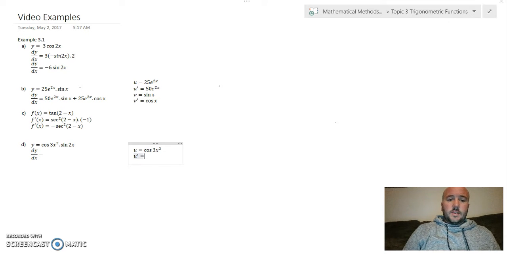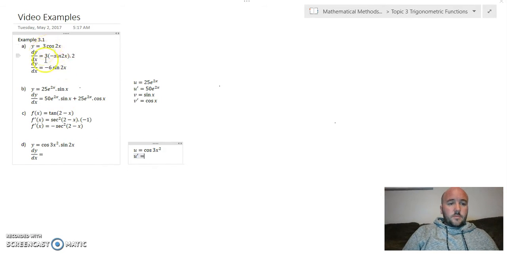Derivative of that equaling, again making use of a similar rule to what we did in A, having to find the derivative of cosine, which is negative sine, keeping the 3x squared as the function, but then multiplying that by the derivative of the function, which would be 6x.